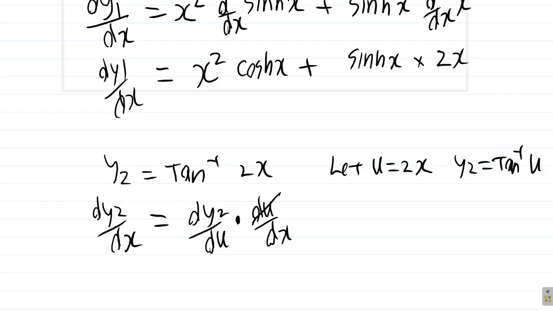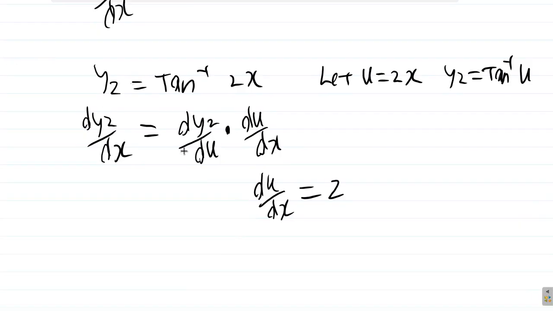So you see everything cancel out nicely. Alright, we need to find dy2 by du and du by dx. Let's find du by dx first. What is du by dx? Well, u is 2x, so du by dx is going to be 2. Using the power rule is 2.